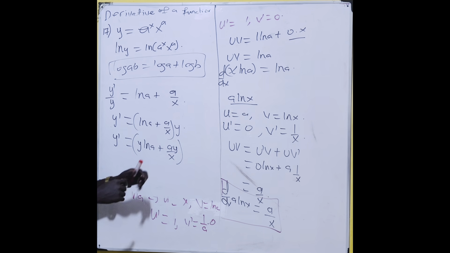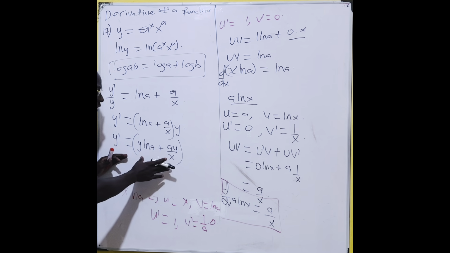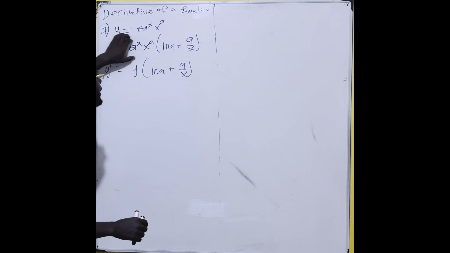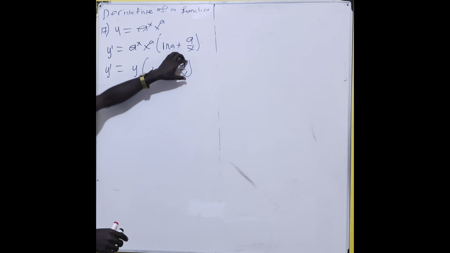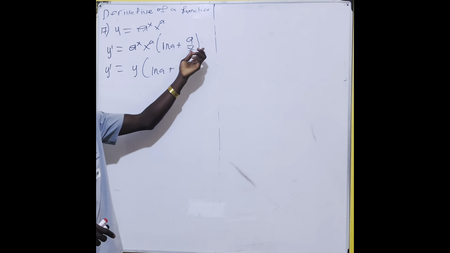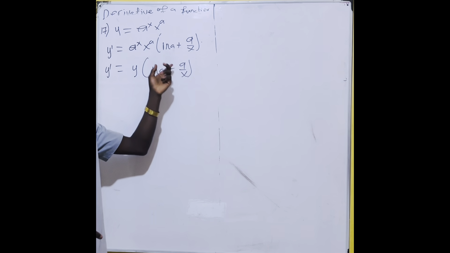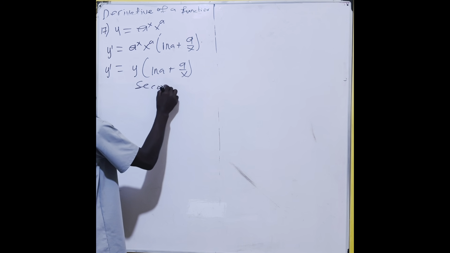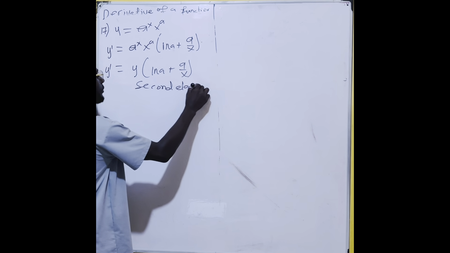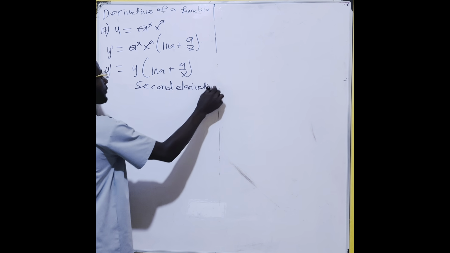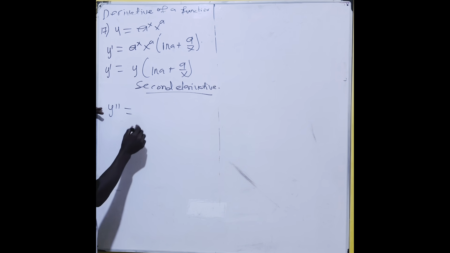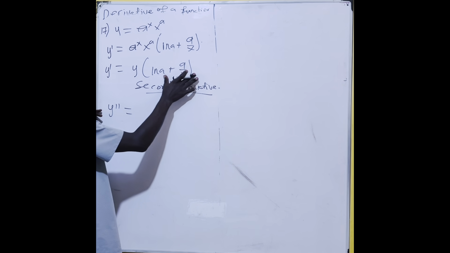If you want the second derivative, then we are going to use this to find the second derivative. Okay, so since our first derivative is either this or that, then it means we can use either this or this to find our second derivative. So for the second derivative, we have y double prime equals, let's spread this throughout the bracket, right?